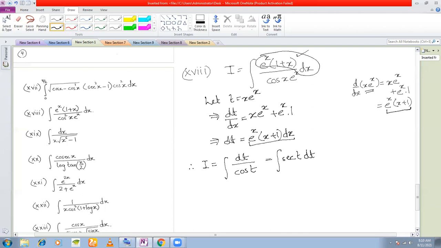In fact, there is a square here. It does not matter. If it is a square, it will simply become sec square t. Integration of sec square t is tan t, which is equal to tan, put t is equal to x e to the power of x, plus c. So it's one easy one.